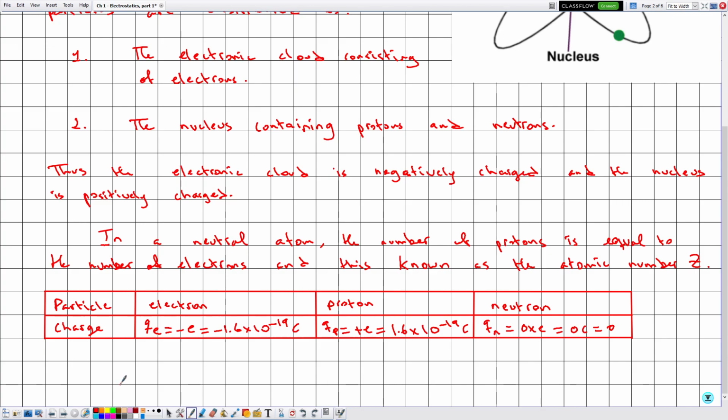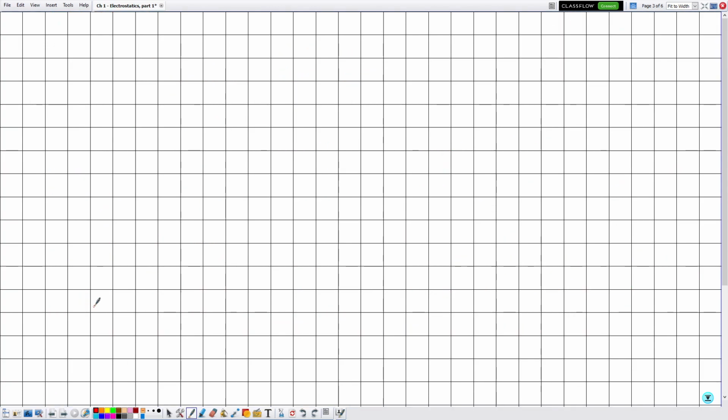Now let me move to section 4, discussing the deficit versus excess of electrons.